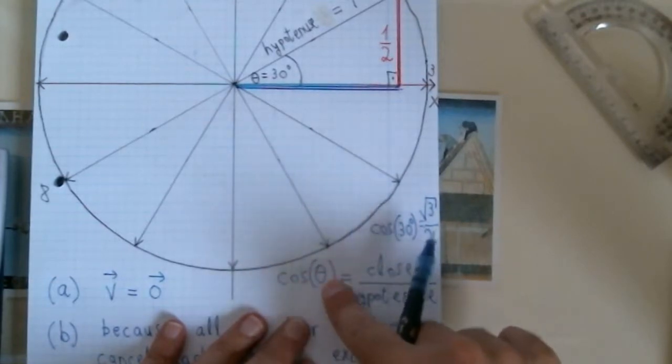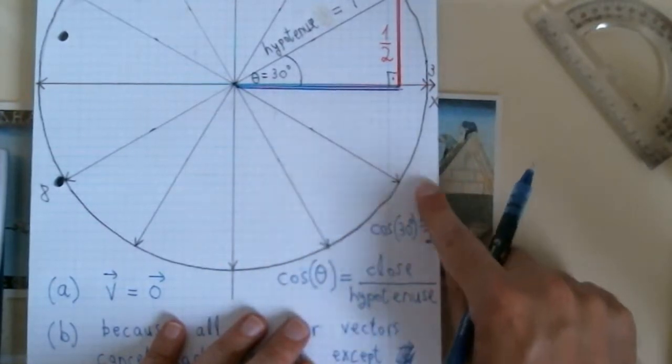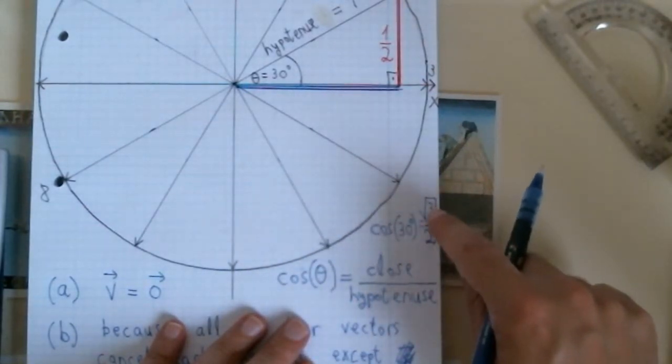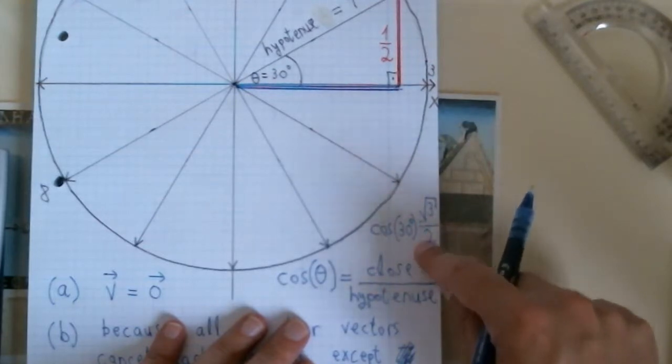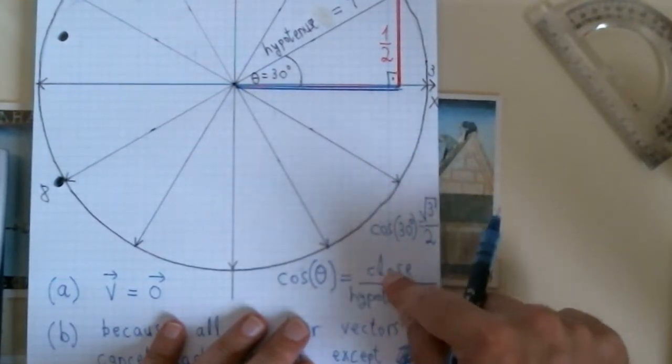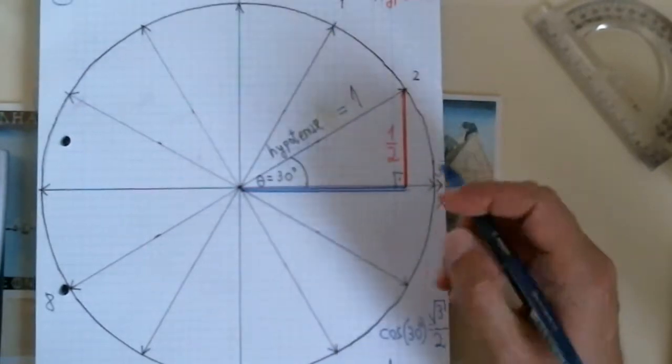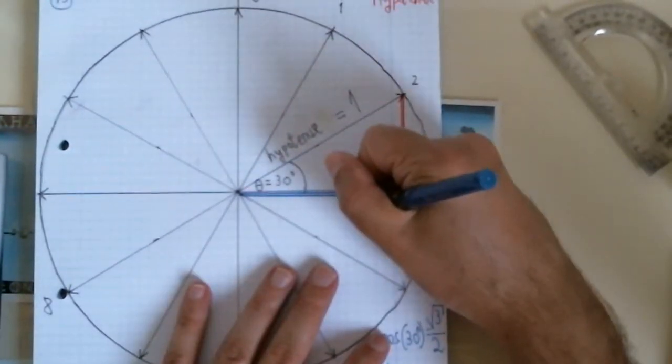So cosine of 30 degrees, which is the root of 3 divided by 2, equals the close side. So this equals root of 3 divided by 2.